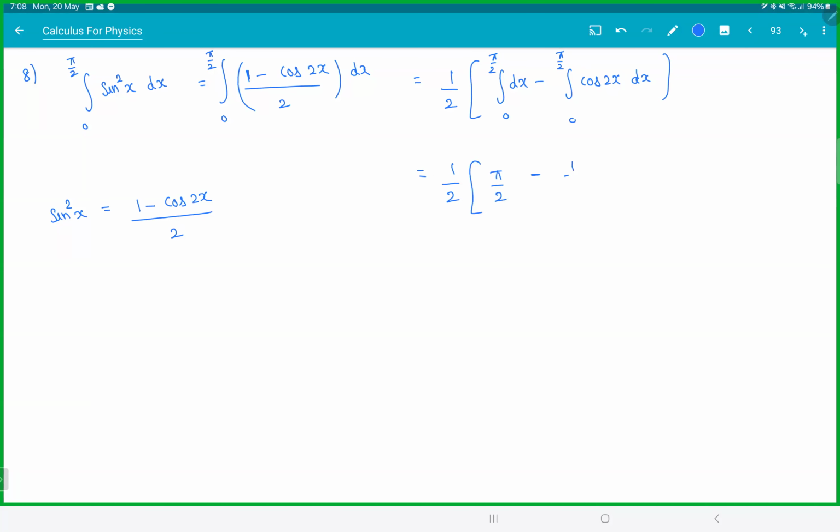This is pi/2 minus 1/2 sin 2x from 0 to pi/2. This is pi/2 minus half sin 180, which is 0. That is also 0. Pi/4. There.